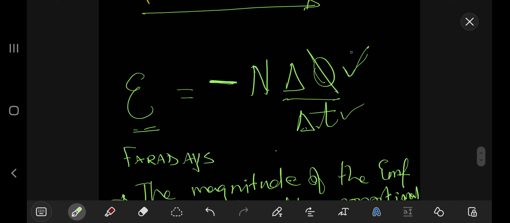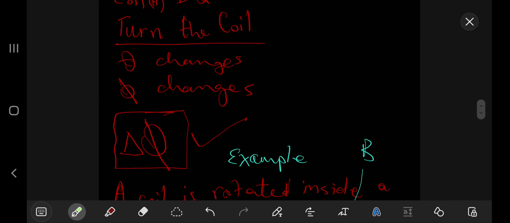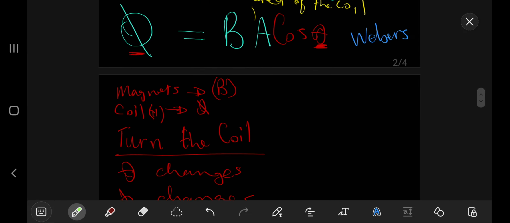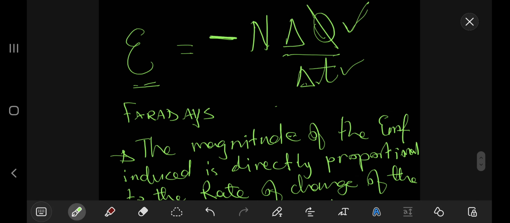If this thing changes fast, because remember when we were up there, we asked why is an EMF induced? It is because there is a change in magnetic flux linkage. And if the magnetic flux linkage changes fast, it means the EMF we get is very high. But if it changes slowly, the EMF we get is very low, right?